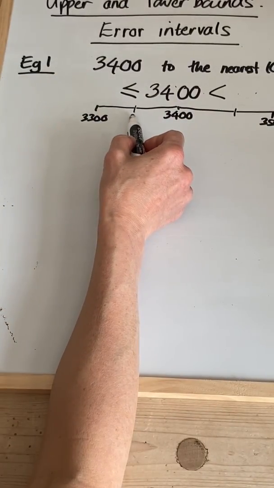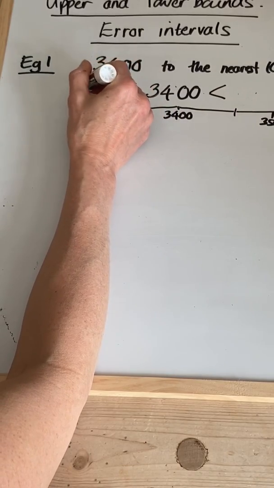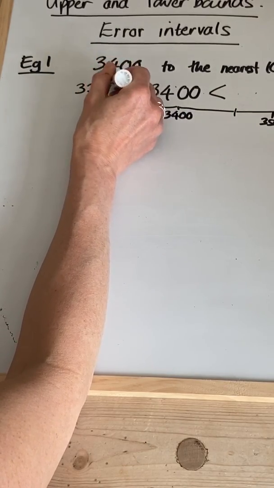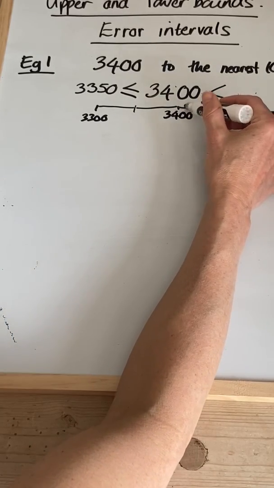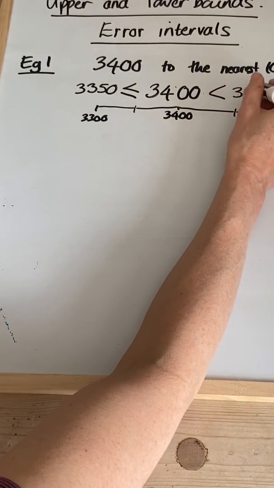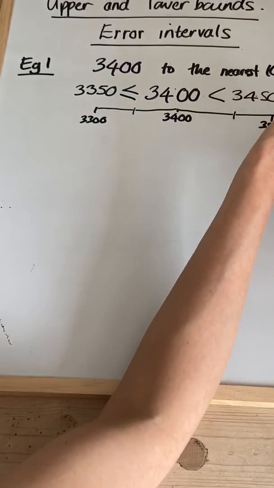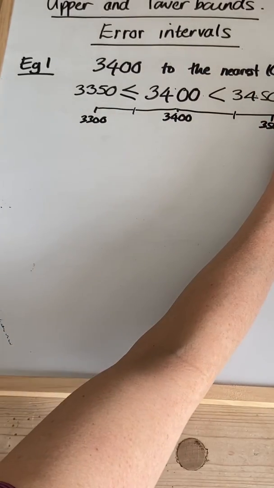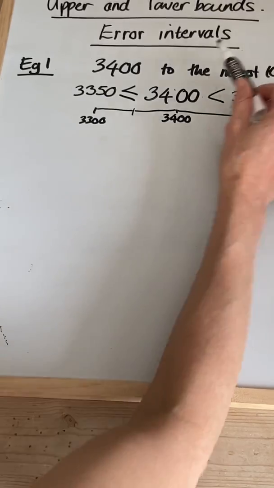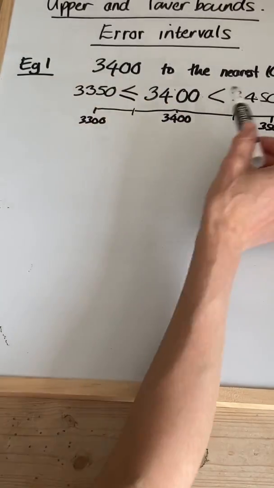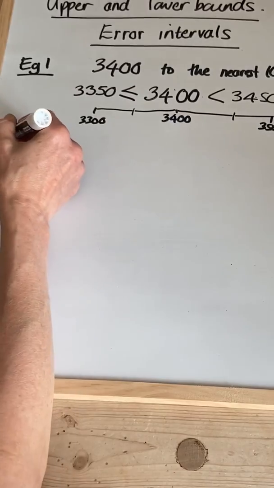Our lower bound is going to be 3,350, and our upper bound is going to be halfway between there and there, 3,450. So we basically look at this number here, we split it in half, 50, we go 50 on either side. Let's have a look at another example.